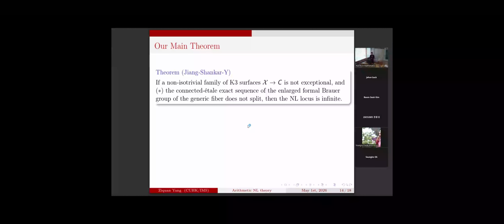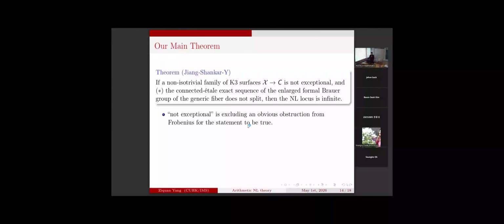Here the enlarged formal Brauer group is always a Barsotti-Tate group. Over a perfect field, the connected-étale exact sequence always splits. But here I'm taking the generic fiber, where we're taking something like F_q(t), so it's not a perfect field. So it becomes a highly non-trivial condition to ask for this Barsotti-Tate group to split.